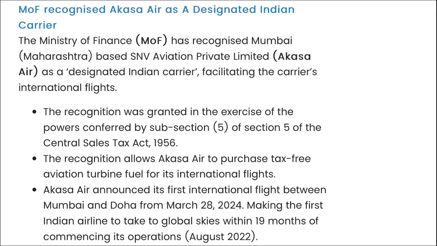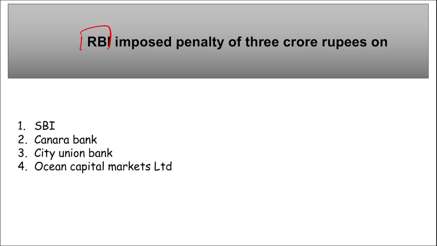Next is RBI imposed a penalty of 3 crore rupees on which organization or banks? So RBI imposed a total penalty of 3 crore rupees, right? In this, remember, it imposed penalty on SBI, Canara Bank, City Union Bank and Ocean Capital Markets Limited, right?